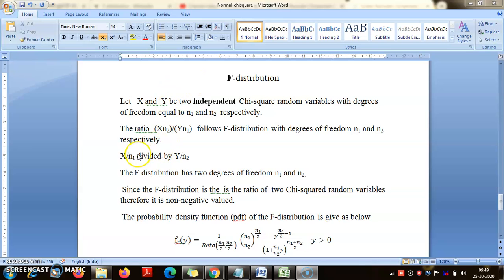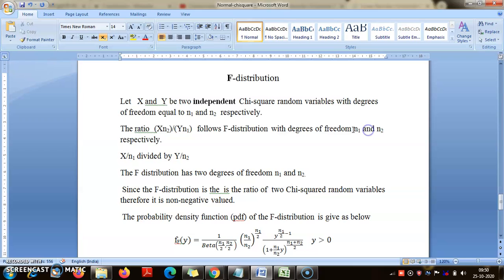So ratio how? x has degree of freedom n1, y has degree of freedom n2. Divide each random variable by its degree of freedom and then take their ratio. So then what you will get is a ratio. n2 will come in the numerator, x into n2 divided by y into n1. So this ratio is said to follow F distribution with parameters n1 and n2.